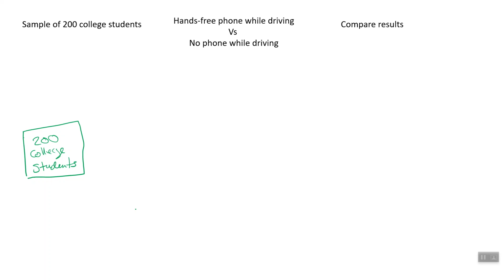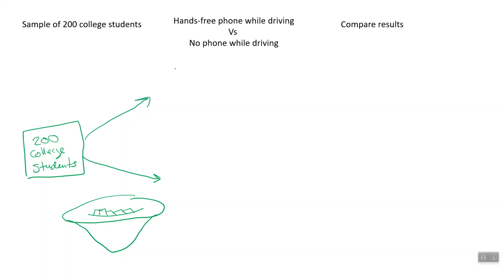Another way, we could use our simple random sample sombrero. So there's my sombrero. And we could take a bunch of pieces of paper, and we could write no phone on some of them, phone on some of them, and they could each pick a piece of paper out and then see which group they go into. And I think I'm going to go with that method.